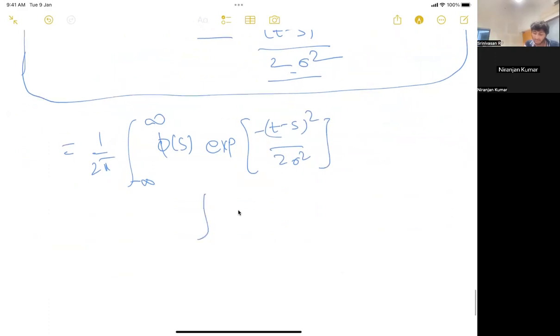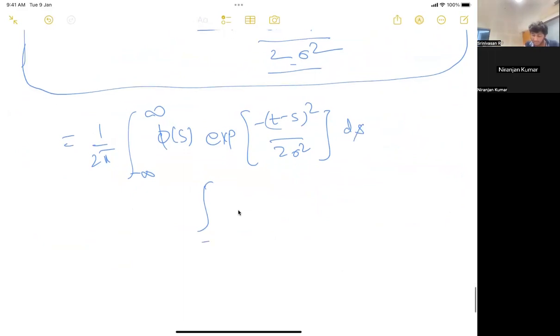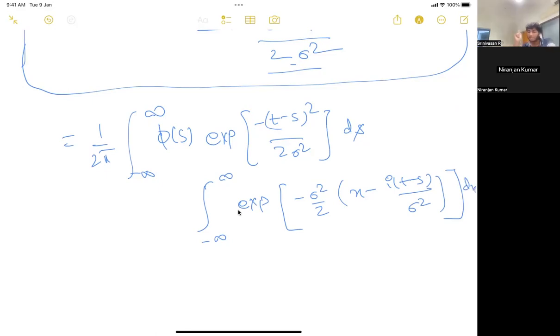And for the second integral, the integral over x will be changed in this form. We take sigma squared by 2 out, and you'll get the following integral. Now observe that this is just the Gaussian integral, just shifted by this particular factor, and multiplied by this minus sigma squared by 2.